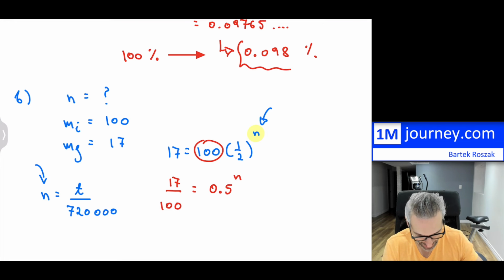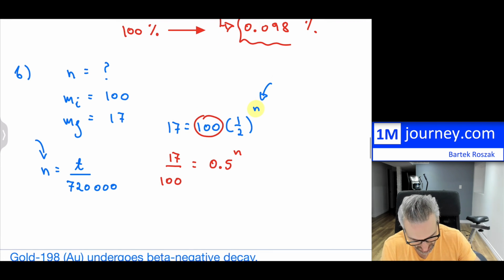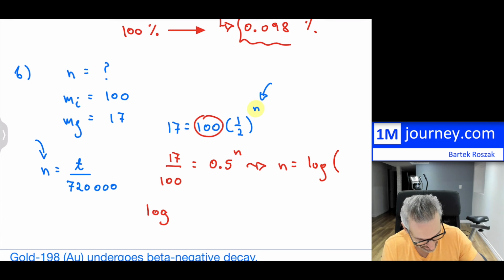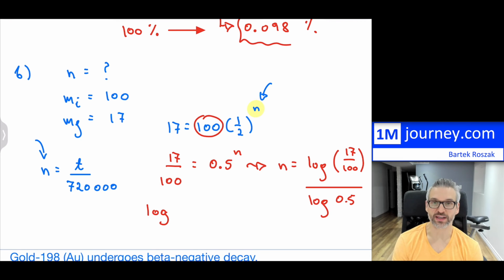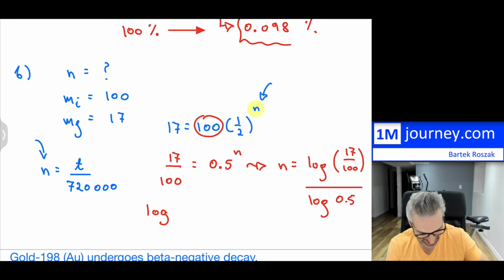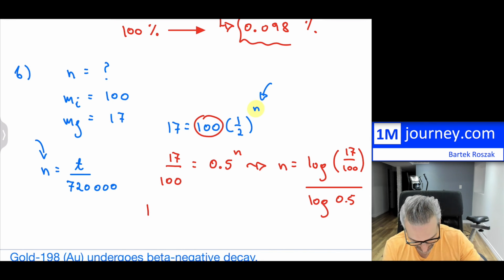Now, in order to solve for that exponent, you're going to have to take the log of both sides. So the equation here is that n is equal to the log of one of the sides, which is 17/100, divided by the log of 0.5. You can watch the video before jumping into this, and this is exactly what we get for n.